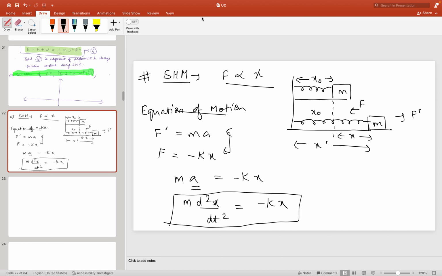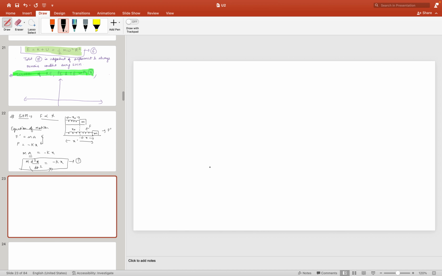So we have reached this equation of motion, which says m d2x by dt square is equal to minus kx. This is equation number 1. We can also represent it by bringing the m to the right hand side, and our equation will reduce to d2x upon dt square plus k upon m times x is equal to 0. But k upon m can be represented in terms of omega.